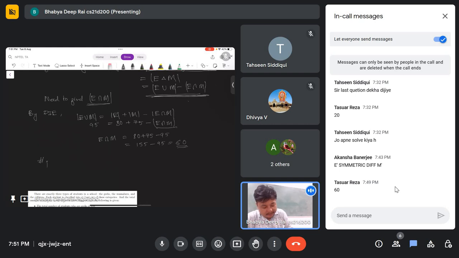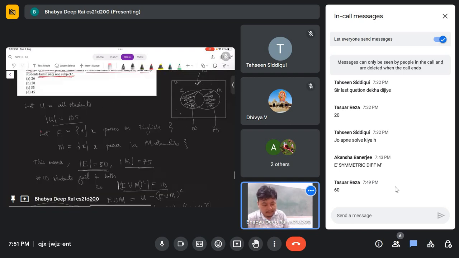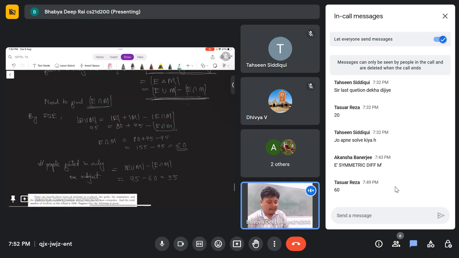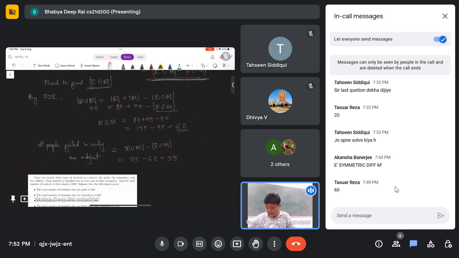The number of people who failed in only one subject is equal to size of E union M minus size of E intersection M, which is equal to 95 minus 60, which is equal to 35. Is the option there? Yes, so C is the answer, 35. I hope it is clear.